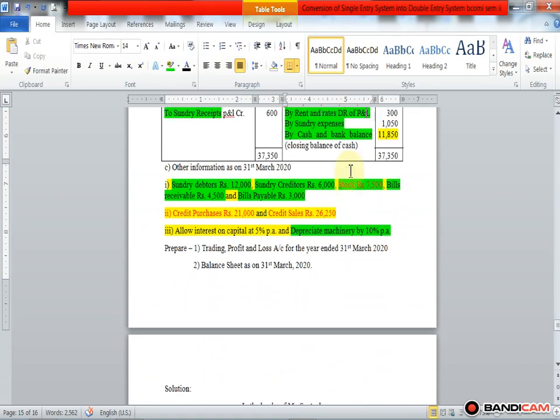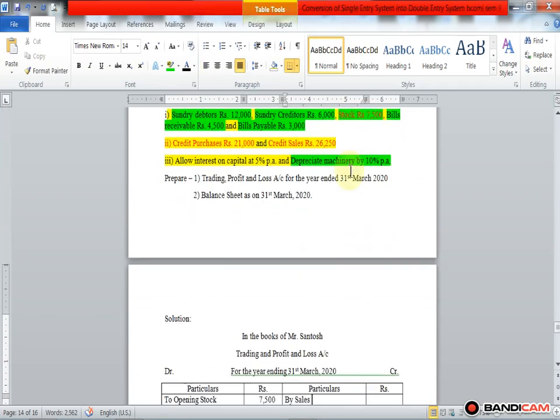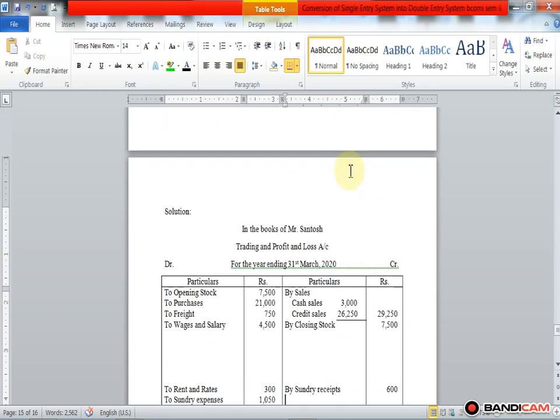Machinery was purchased on 1st January 2020, 900. Now we make a working note.